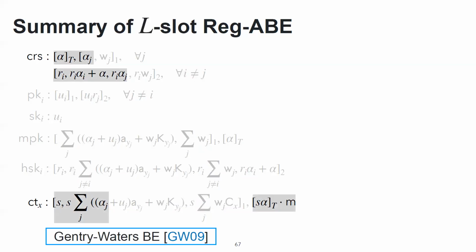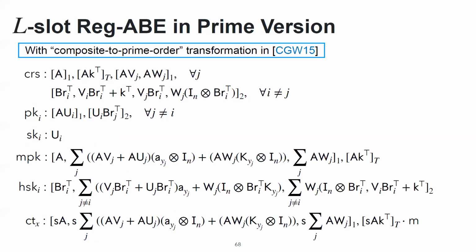Next, I want to mention a connection of registry ABE to broadcast encryption. In fact, some recent works point out that registry ABE can imply some broadcast encryption, such as distributed broadcast encryption. And use the composite to prime order transformation, you can obtain the LSO registry ABE in prime order version as follows.